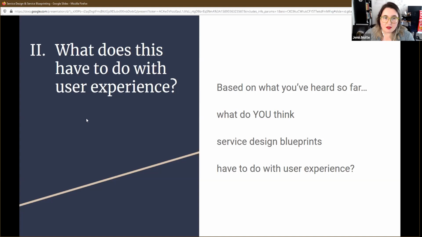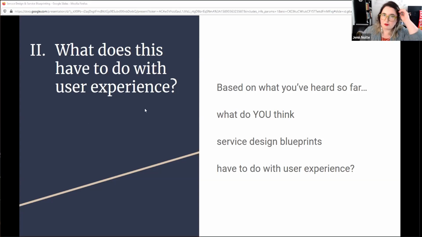So the relationship between user experience and service design is, again, service design is a way of documenting and pinpointing the different components of a service, but with the aim of improving those services for the end user, the customer. And of course, I said the magic word, end user.